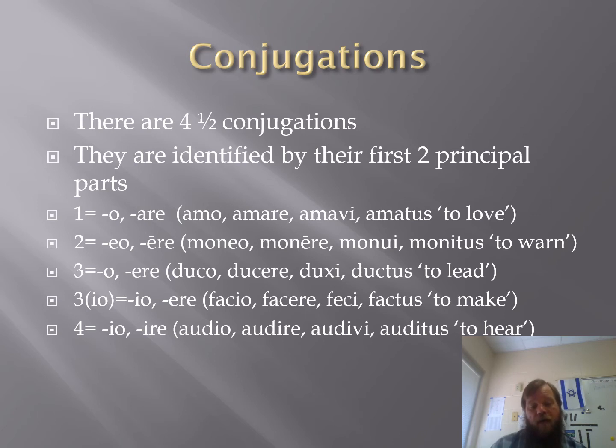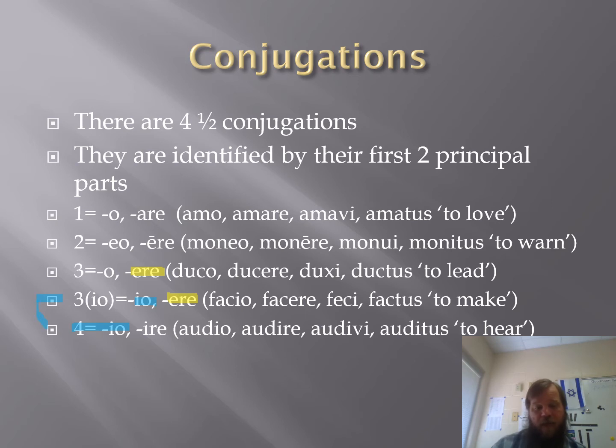The deal with third IO, it is third because it ends ERE. And short ERE means it has to be third. However, what it wants more than anything in life is to be a fourth. So, third IO is going to follow the rules of fourth anytime that it can. If third does one thing and fourth does something different, these third IO verbs are going to do what fourth does.